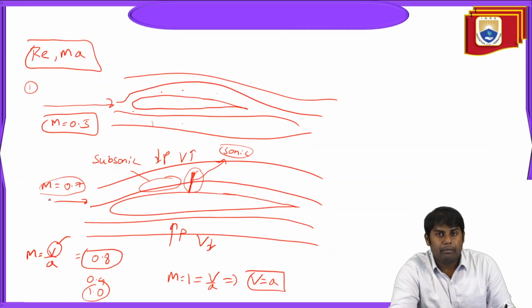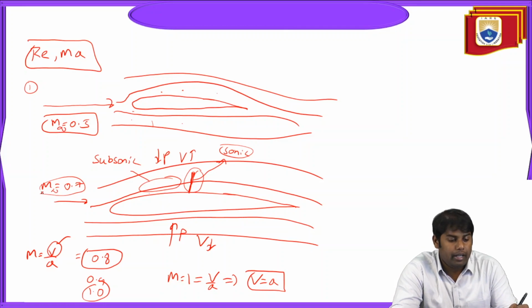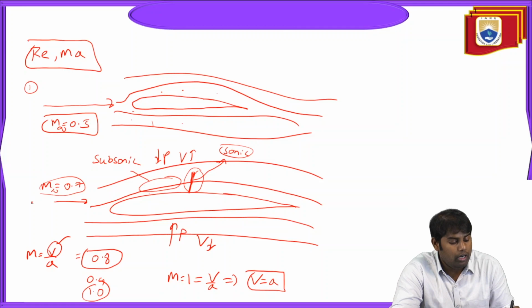Let's call the free stream Mach number M infinity. The Mach number M infinity at which a sonic Mach number is formed on the body, that sort of free stream Mach number is called M_cr, the critical Mach number.